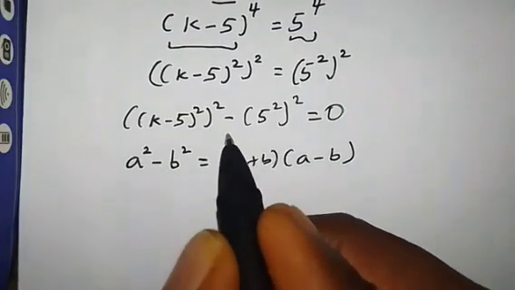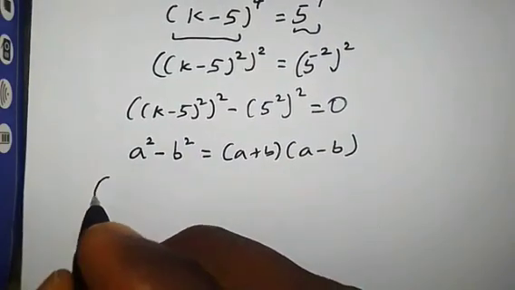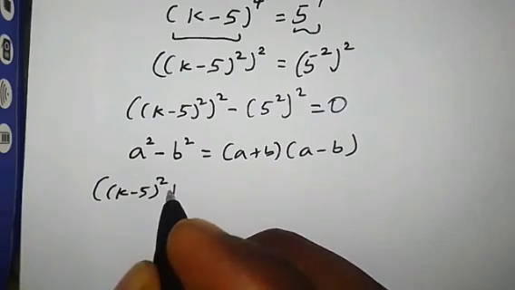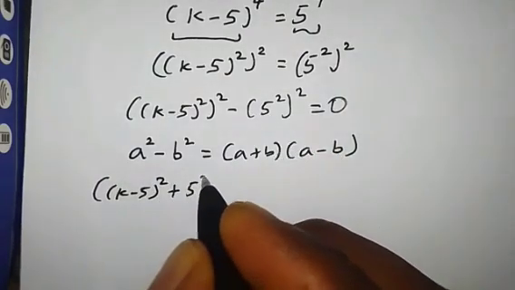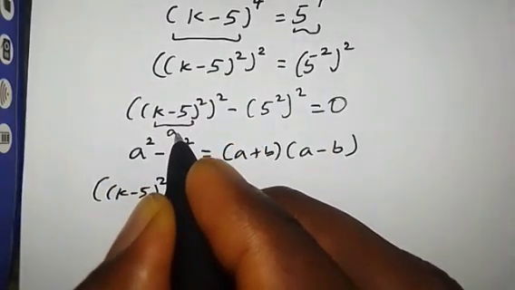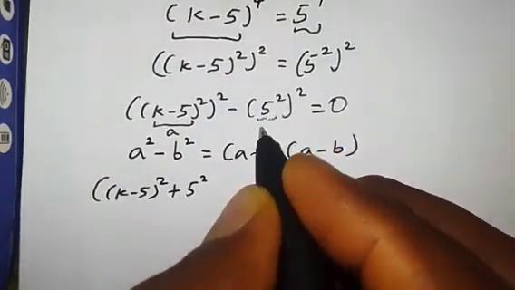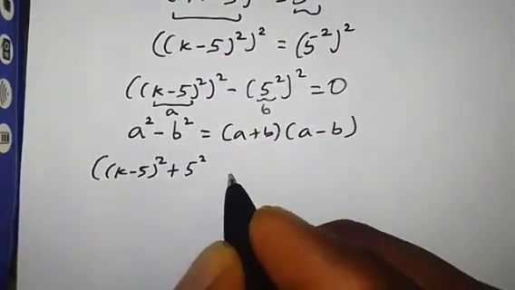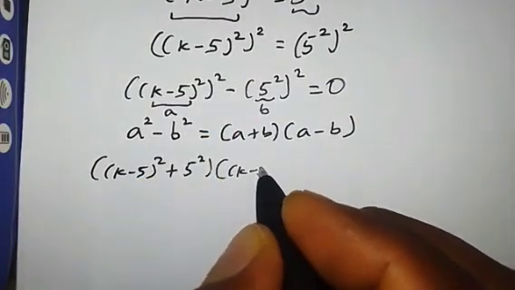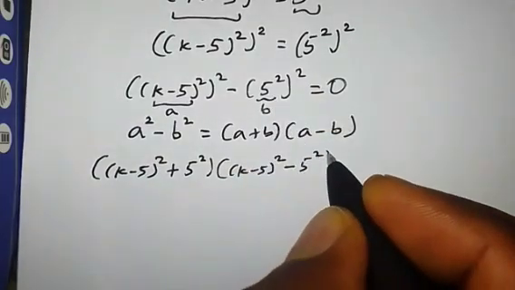Using this identity on this expression, we're going to have (k minus 5) all squared plus 5 squared, because (k minus 5) all squared is a by comparing, and 5 squared is simply b. Let's continue. So we have times a minus b, that is (k minus 5) all squared minus 5 squared equal to 0.